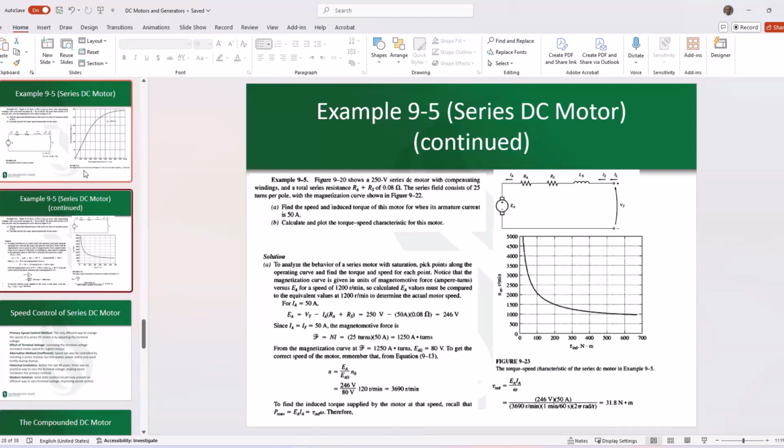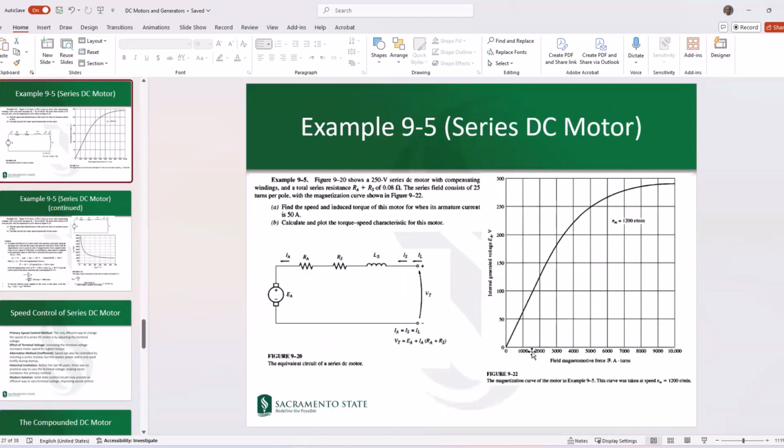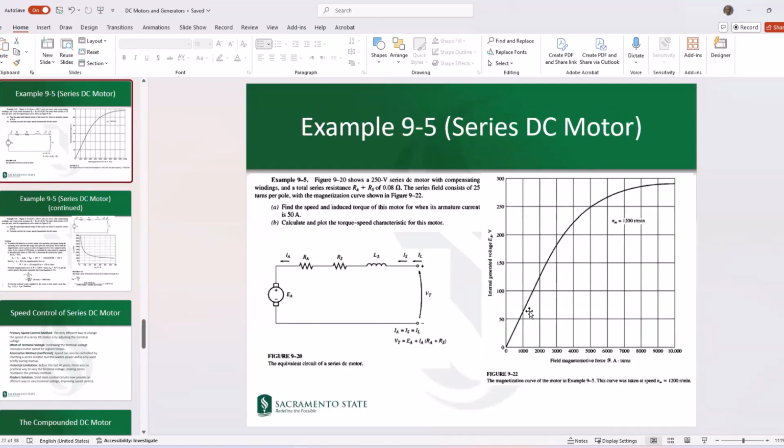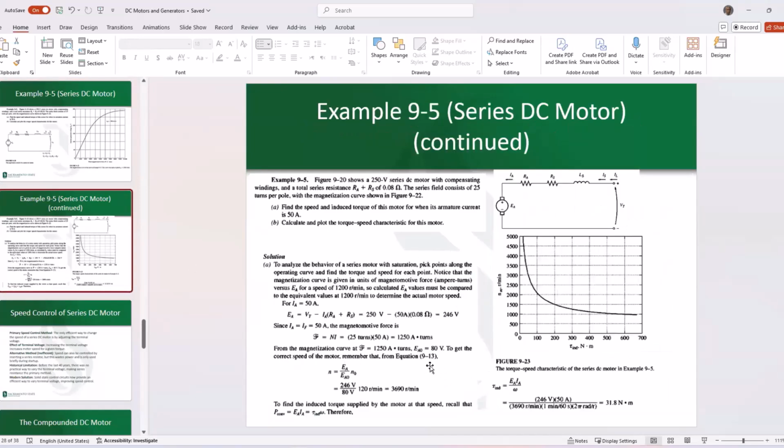From the magnetization curve, if you go over 1250, you will see E_A is around 80 volts.